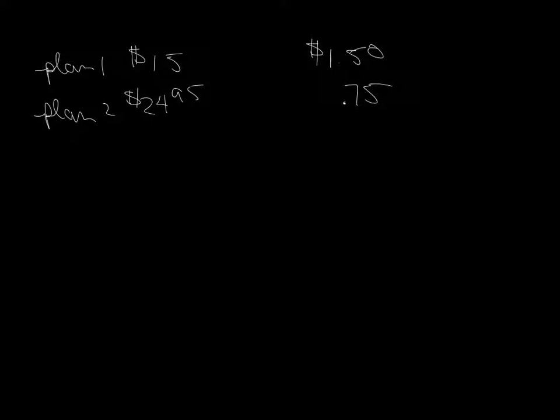So we're going to let y equal the monthly charge for x minutes of phone use. So we don't know how many minutes of phone use we have, but I know with plan 1 that if we take $1.50 times how many minutes we use, and we add the $15 a month, that's going to give us how much it's going to cost us to use the phone that month.